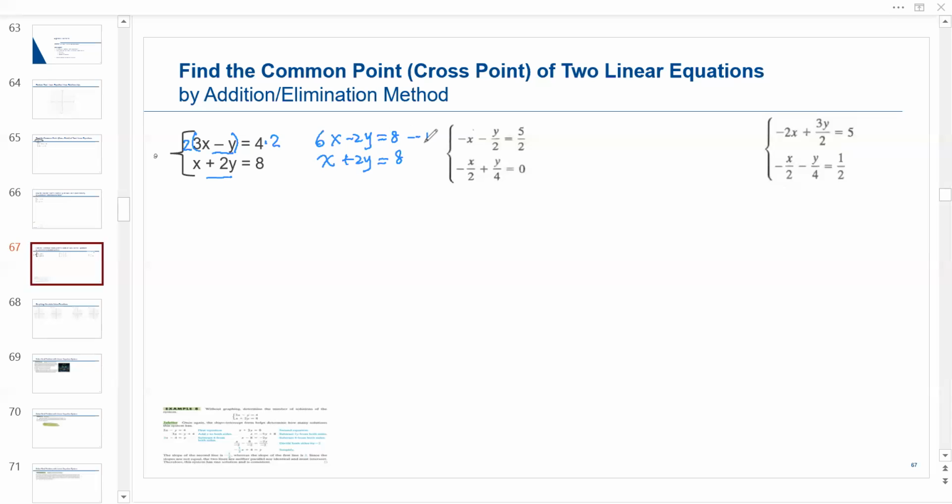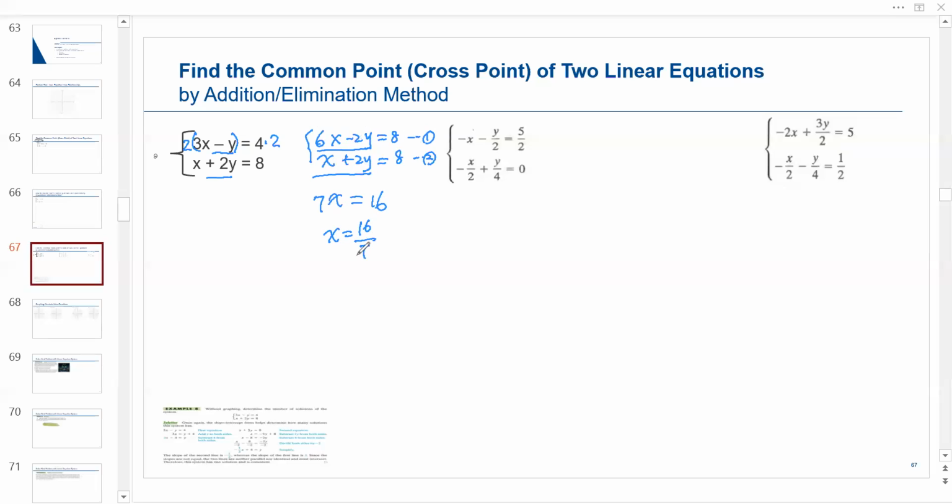So first equation, second equation, right? Left 1 plus left 2 equals right 1 plus right 2. So here it became 7x, left part plus left part. This y was gone, disappeared, right? So x equals 16 over 7.